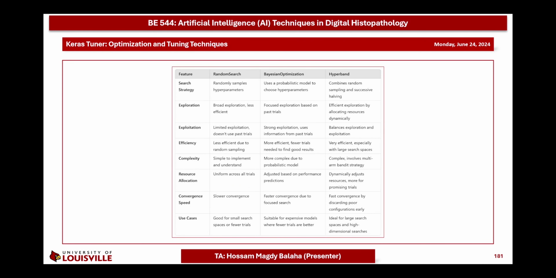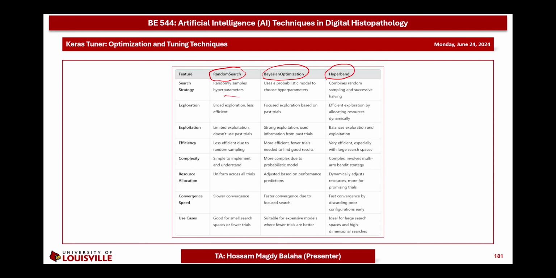Keras Tuner utilizes 3 techniques: random search, Bayesian optimization, and hyperband. And this is a comparison between each of them, and you can select the technique you are targeting in the configuration while writing the Keras Tuner script. So for the random search, it randomly samples the hyperparameters.